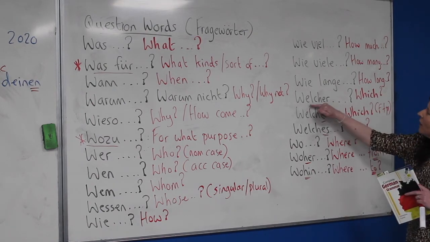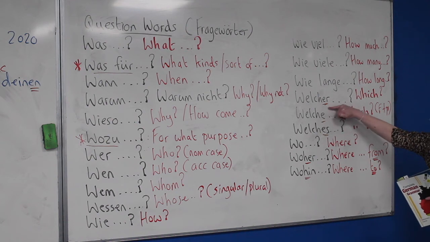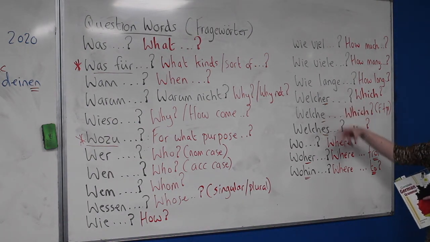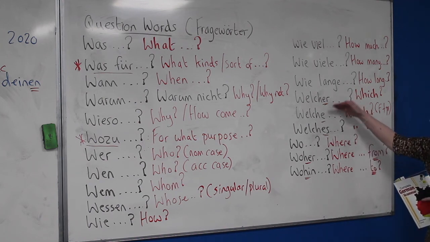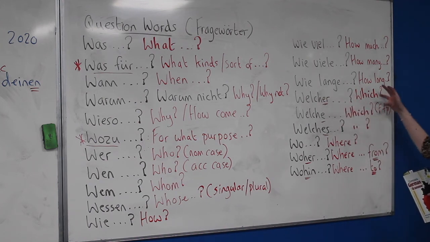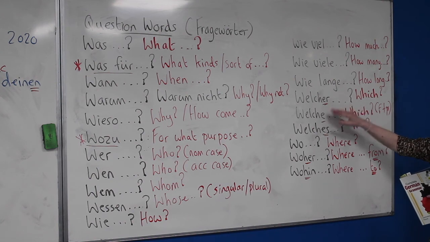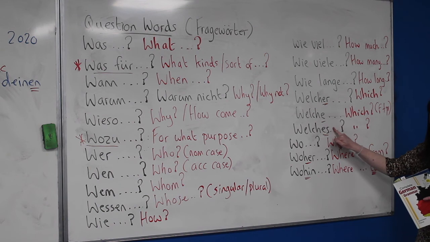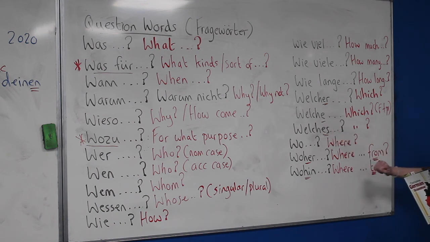Something like that. Then welcher. So you're going to see here you've got welcher, welche, welches. All of those denote which, but of course it's all linked to the grammar. Welcher, which will be for masculine noun, welche will be for feminine and plural, and welches is for the neuter. Okay, so welches is for the neuter.